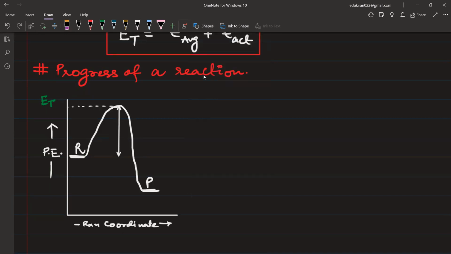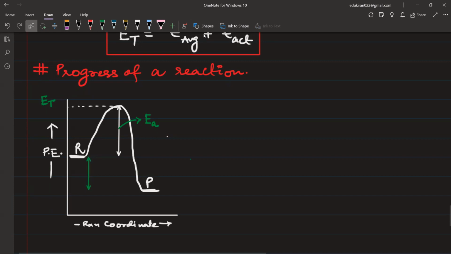This is the activation energy because this is the additional energy that is required by the reactant molecules to reach threshold energy. This is my E activation, or we can just write EA. Now, the difference in energy between the reactant molecule and the product is going to be the enthalpy of reaction, delta H.